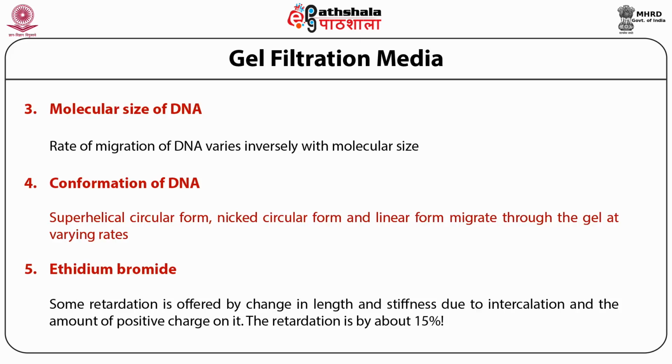The presence of ethidium bromide: ethidium bromide, which is a dye used in the visualization of the DNA, carries a positive charge, and its intercalation to the DNA can cause a decrease in the negative charge of the DNA. It can also change the superhelicity and cause a simultaneous increase in the rigidity, which increases the length of the DNA. Thus, some retardation is offered by the intercalation of ethidium bromide to the DNA.